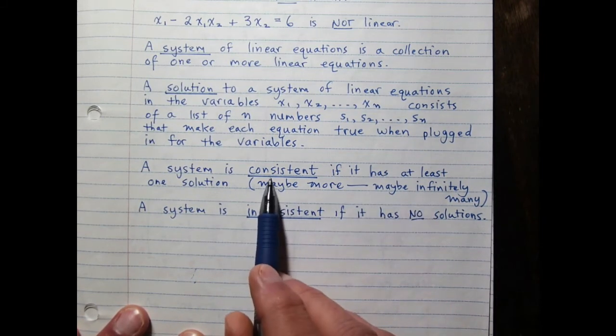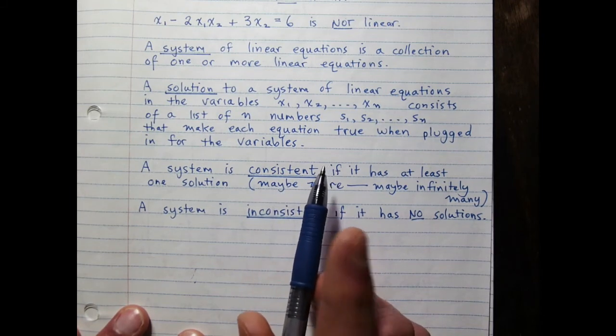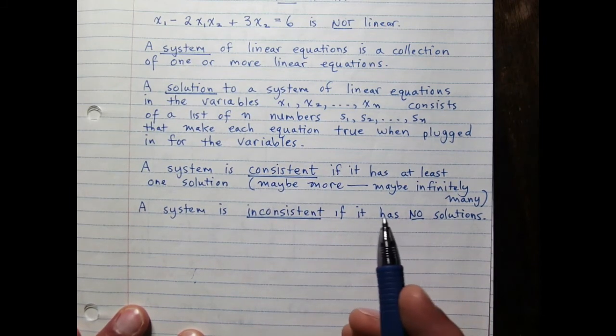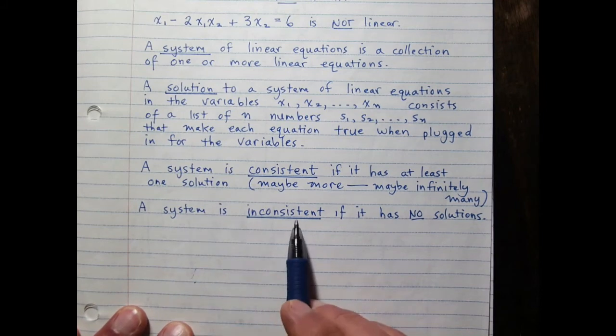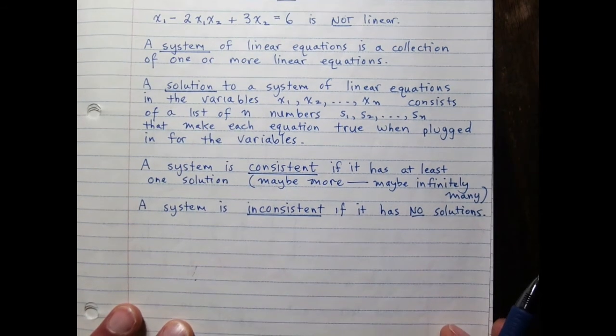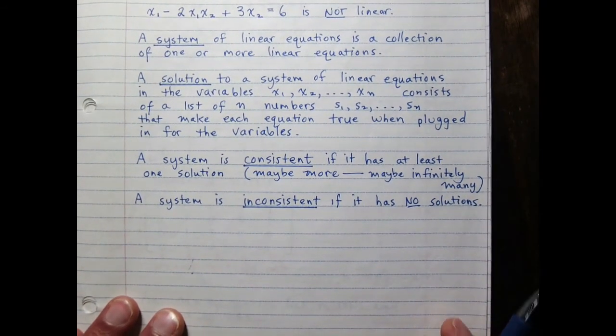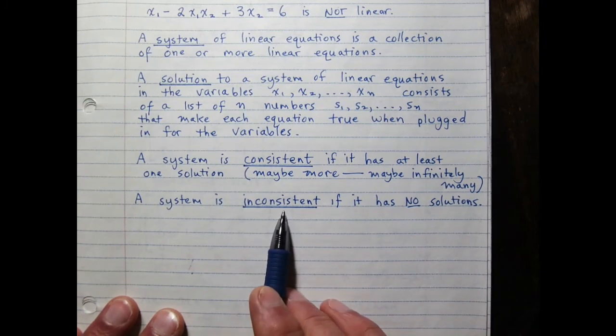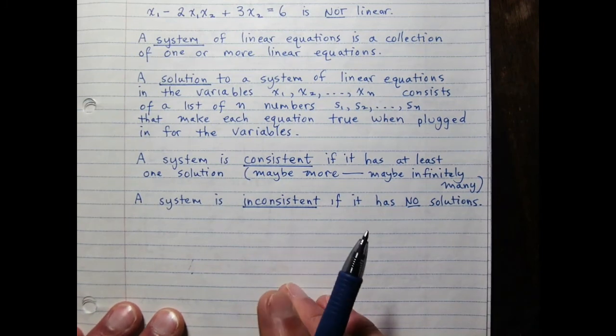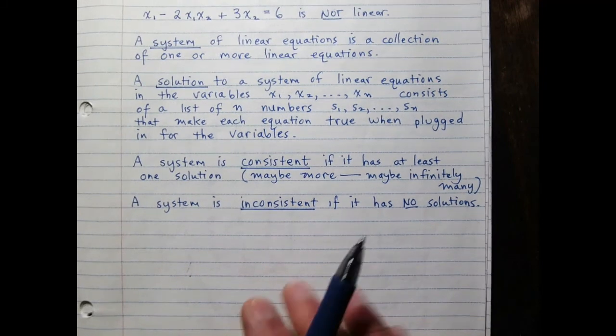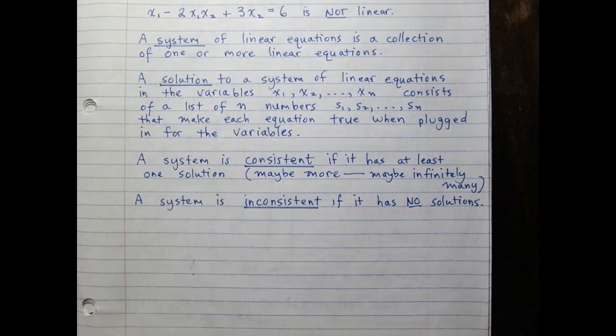So we use the word consistent if we have one solution or even more than one solution. A system is inconsistent if it has no solution. So that word inconsistent is totally synonymous with saying there is no solution to the system. So that's our little introduction. We're going to start working on a problem in the part 2 video.